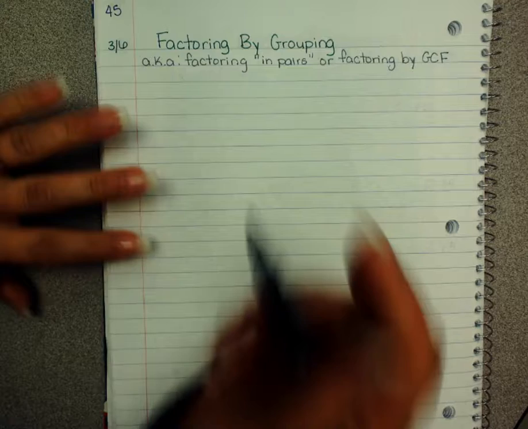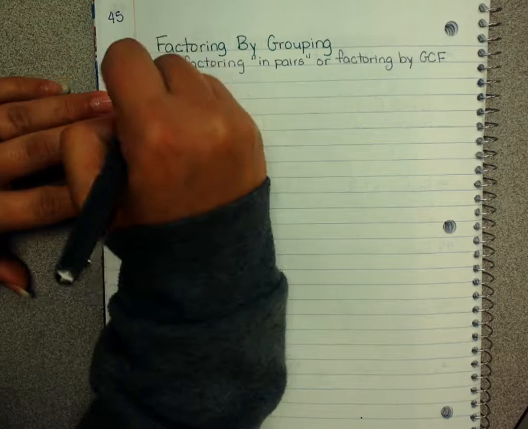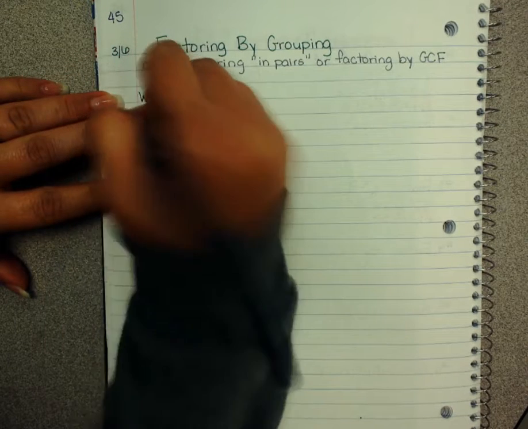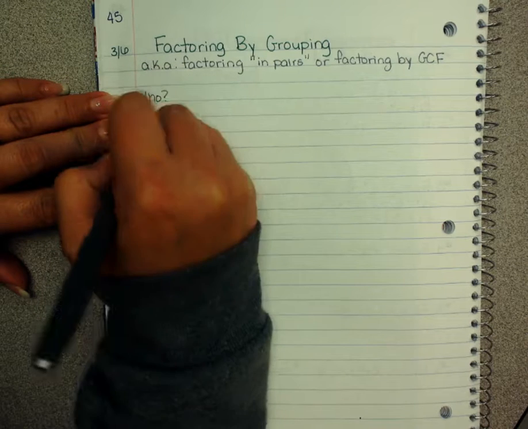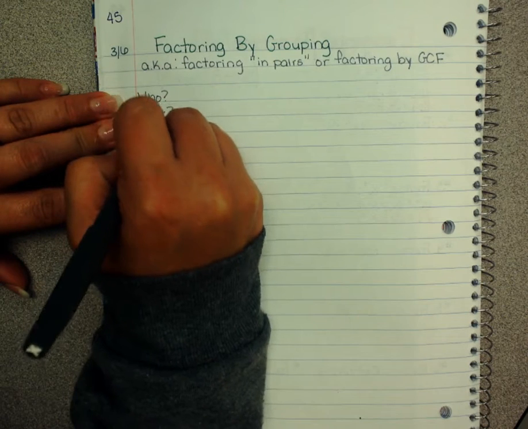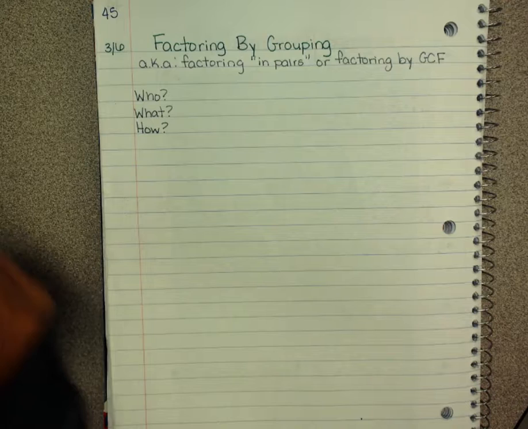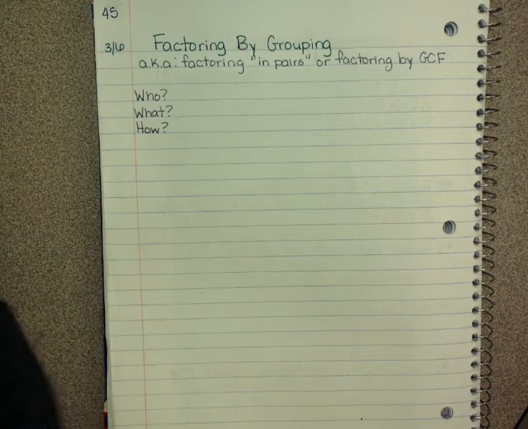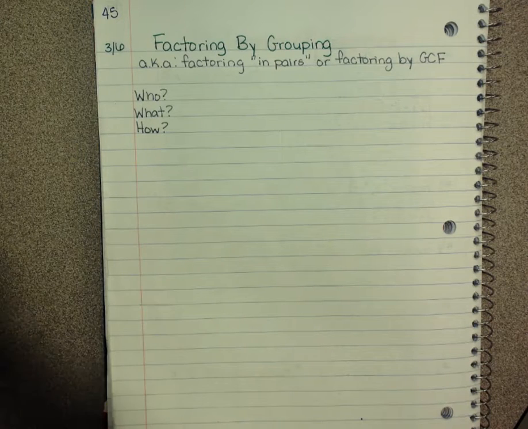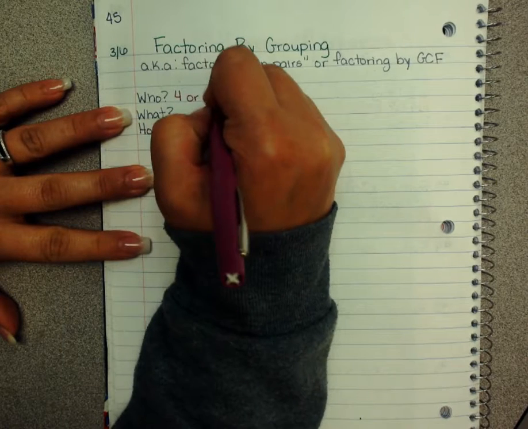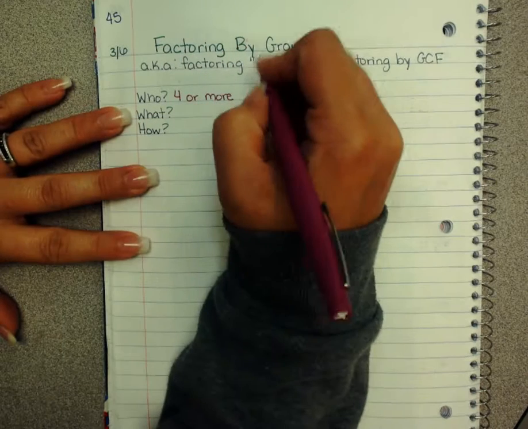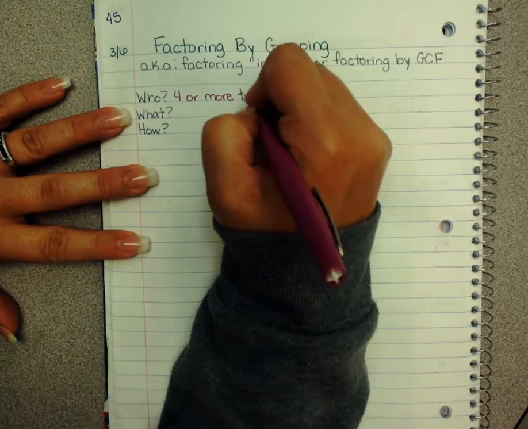So we got a who, a what, and a how. The who is, we are looking at a 4 or more term polynomial.